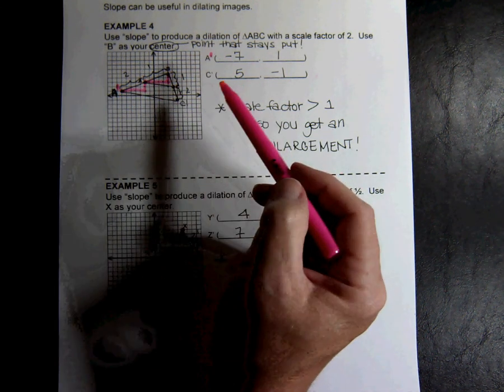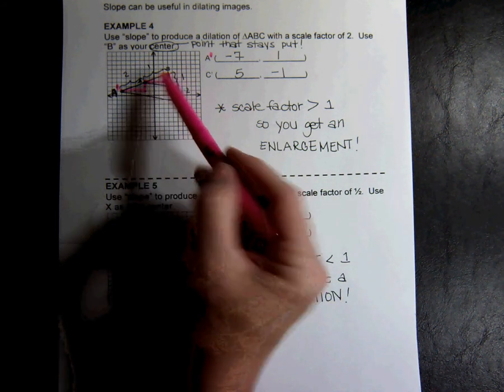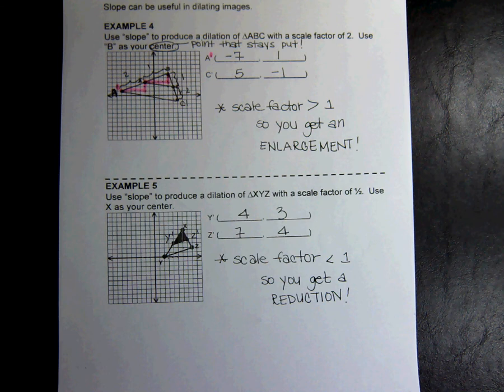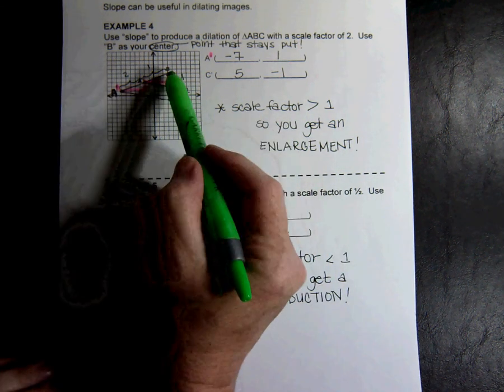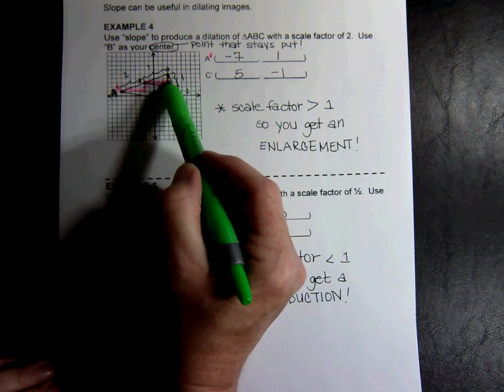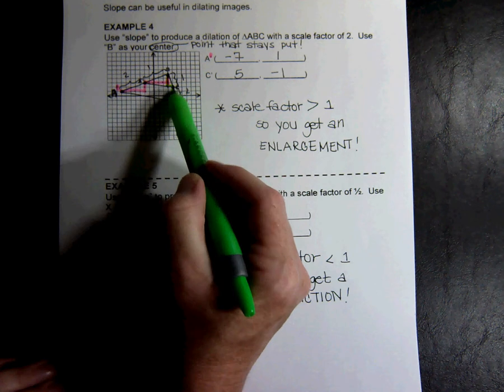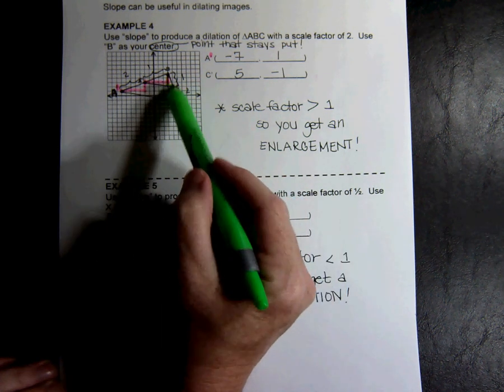Alright, likewise with point C, from B, I walked down in a different color. It looks as if your slope is 1, 2, 3. You're going down 3 over 1. Down 3 over 1. So I'm creating twice as big.